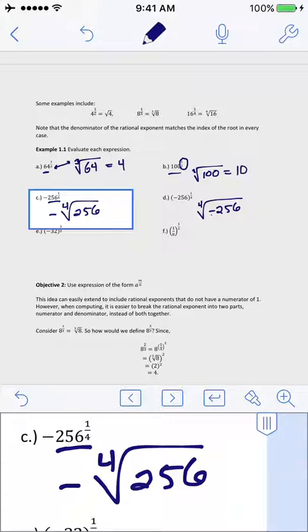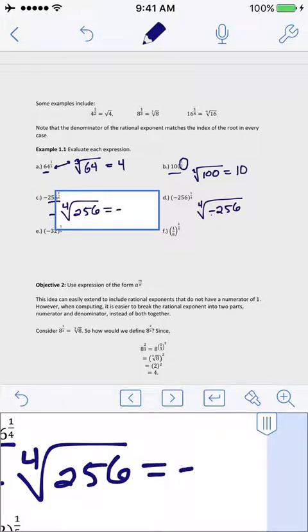The fourth root of 256 is 4. So we end up with negative 4. Since it's positive under here, I end up with a whole number. Not a whole number, pardon me. A negative number, an integer.